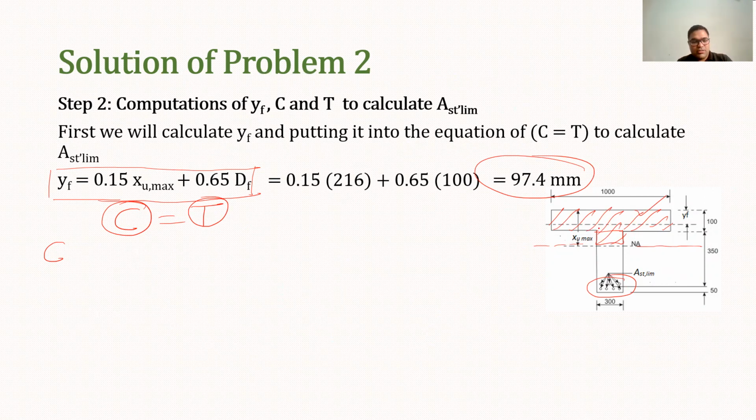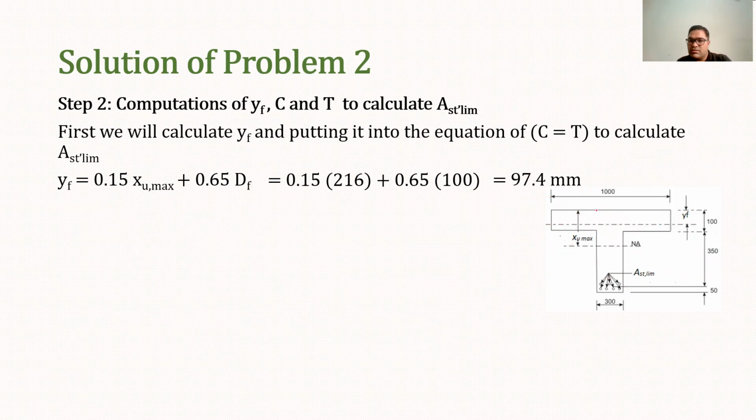First we will consider this part, the compression force taken by this part. This will be 0.36 FCK into BW into XU max. That is the compression taken by this part.